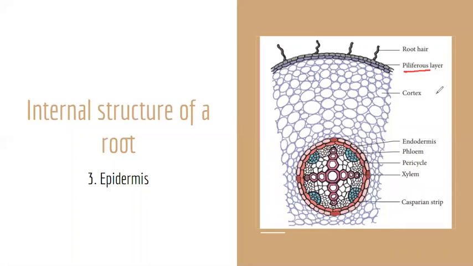Actually, this piliferous layer is called the epidermis in mature plants. The layer is one cell thick, as we mentioned earlier, to reduce the distance so that diffusion and osmosis go through easily, and so that water and mineral salts can penetrate through it.